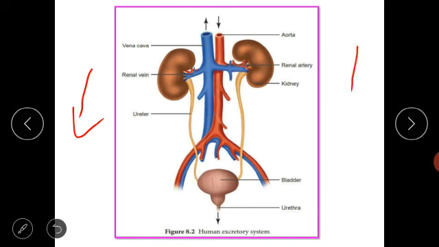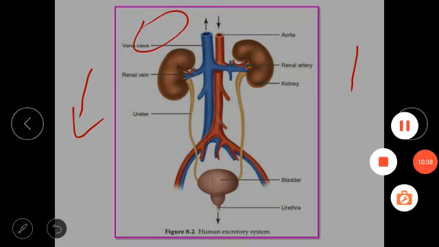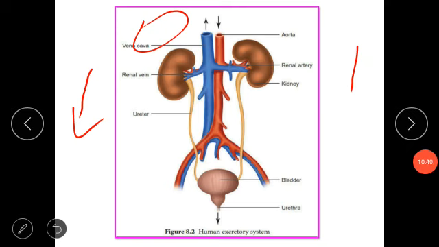The reason is the position of the liver above this kidney. So this is the right side, and the right side kidney is quite lower in position than the left one.